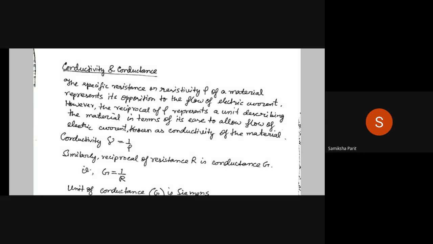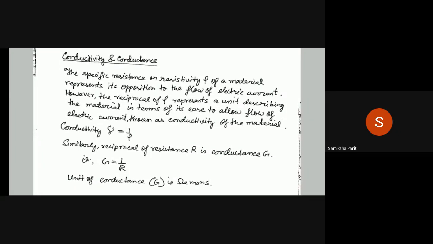Okay, so if we know resistance and resistivity by now, right? Conductivity and conductance are very similar, just the inverse of resistance and resistivity. Coming to the definition, the specific resistance or resistivity rho of a material represents its opposition to the flow of electric current.